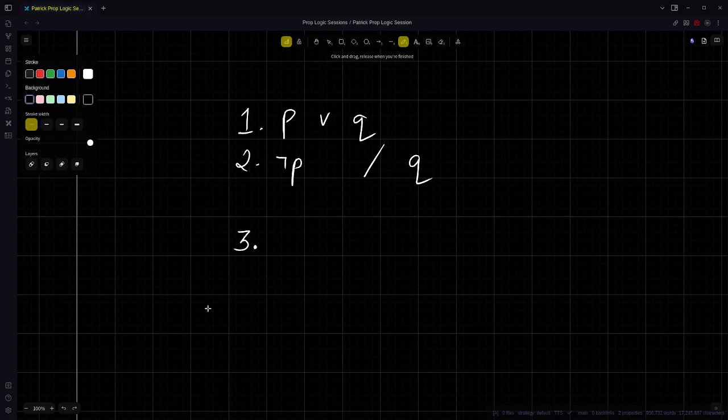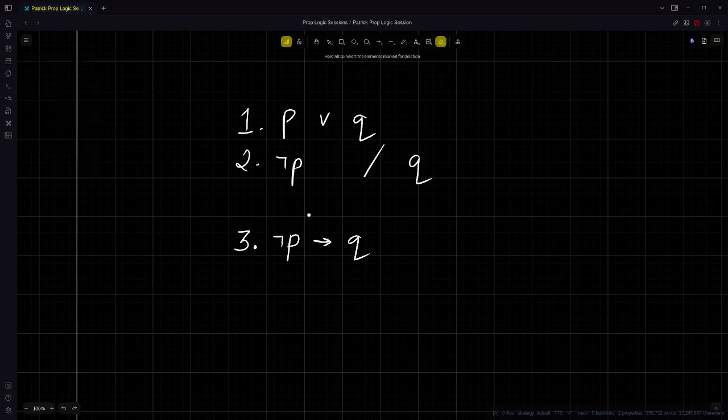So this one I tried to do using material implication, and it was a little bit different because I wasn't sure if I could do the negation of it. But for the third premise I wrote not P implies Q. Can you show me how you got that?